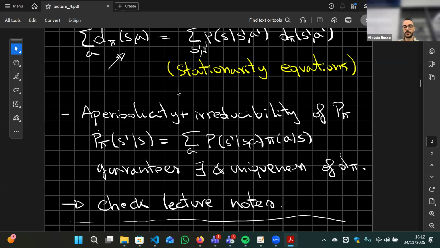And aperiodicity, for example, is needed to avoid oscillations. Because in that case, we cannot work anymore in this setting. We need to kind of take an average. So for simplicity, we just assume that the Markov chain is aperiodic, so we avoid this problem of oscillating between states.